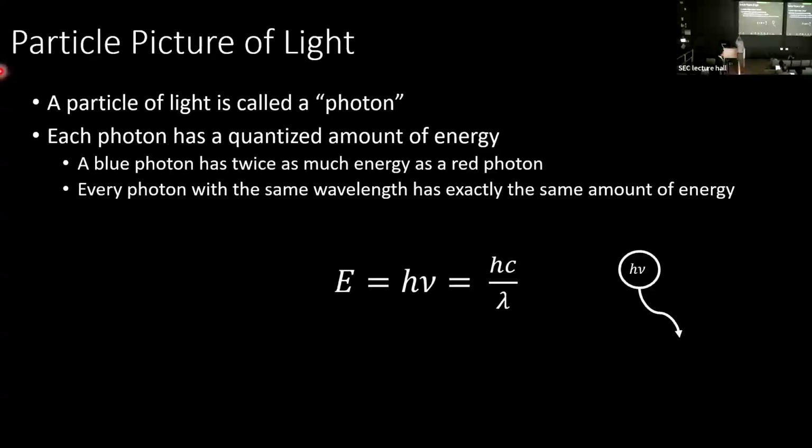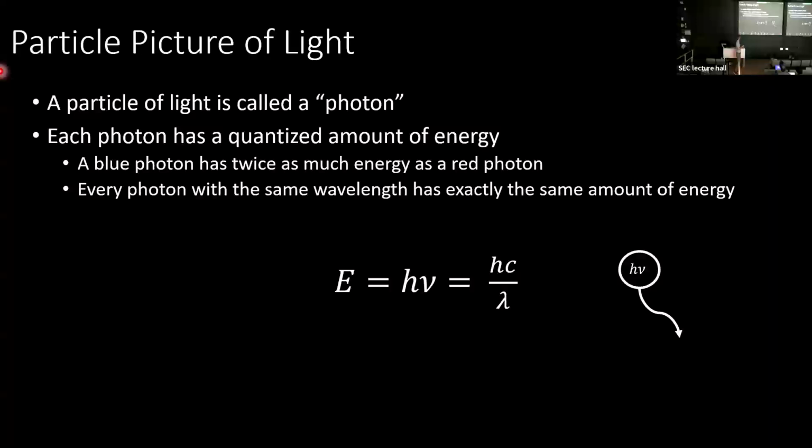Jumping to the particle picture of light for a moment. A particle of light is called a photon, and each photon has a specific quantized amount of energy. So we can go back and forth between the wave picture and the particle picture with the energy of the light. So the energy of the light is h nu, and that's why we use the little shorthand of h nu.